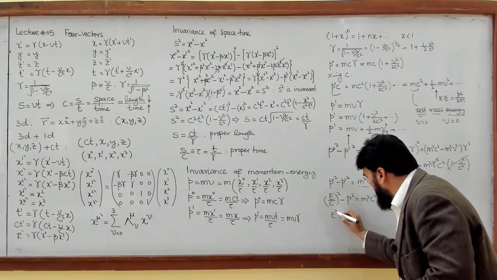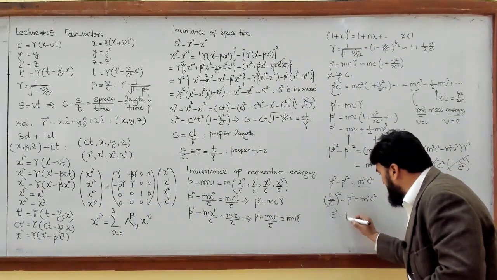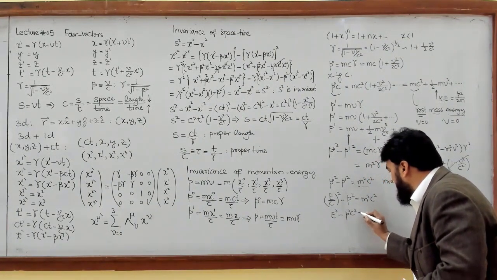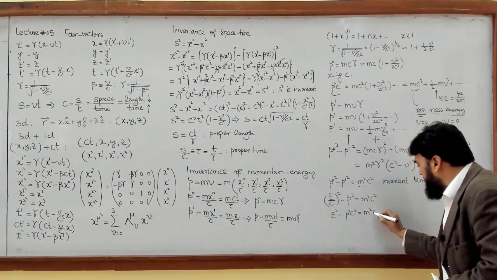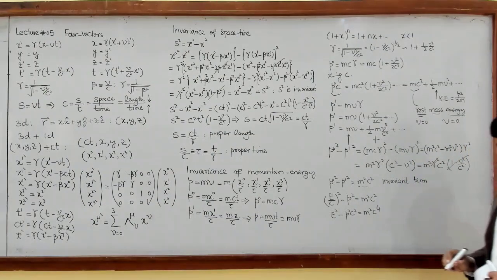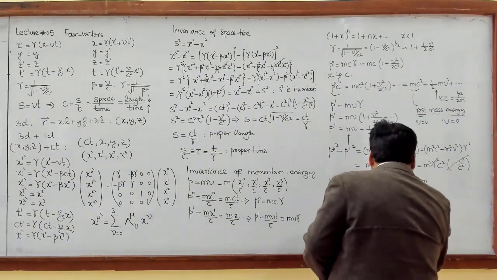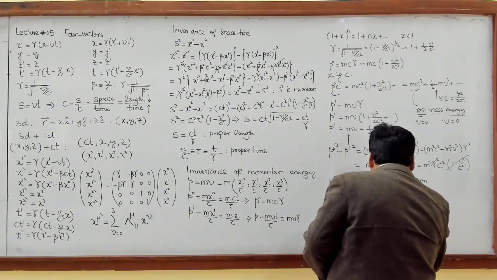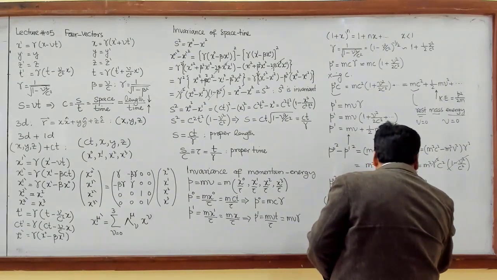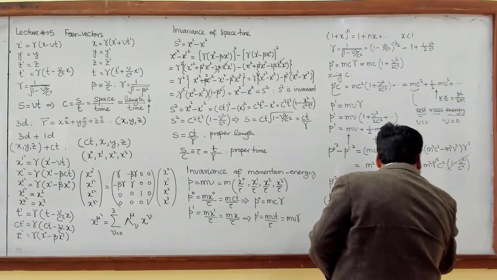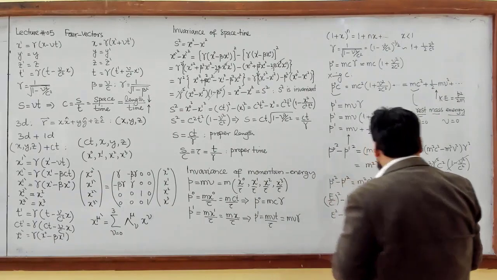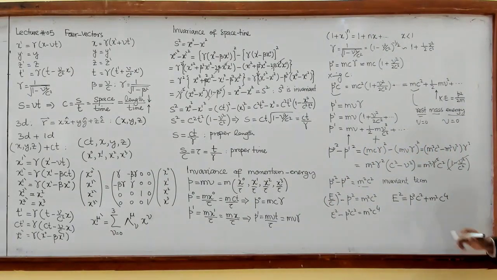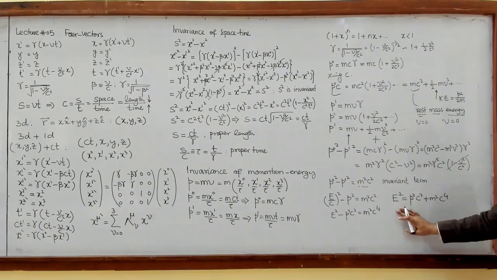E square minus p square c square is equal to m square c4, because c square is multiplied. And this gives you that energy squared is equal to p squared c squared plus m squared c4. And it gave you the energy.